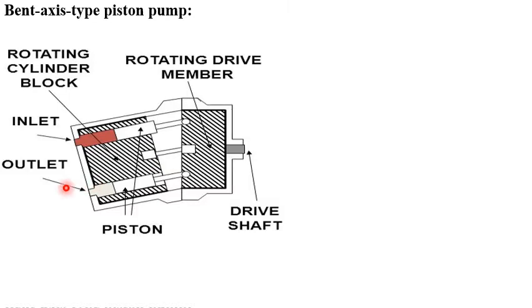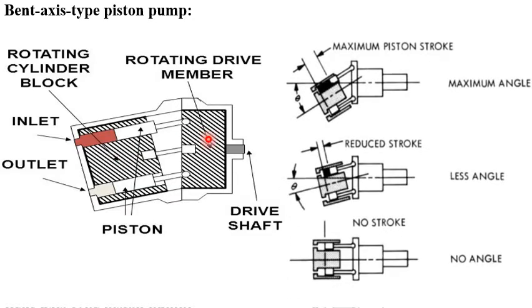And as I told, there is some offset angle between the center line of the drive shaft and the center line of the cylinder block. Look at this diagram, this theta is nothing but the offset angle.